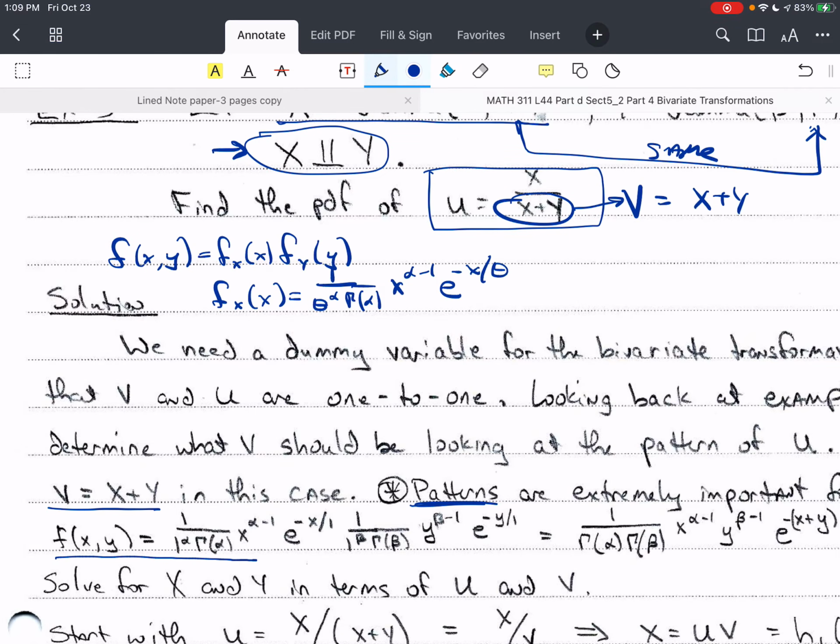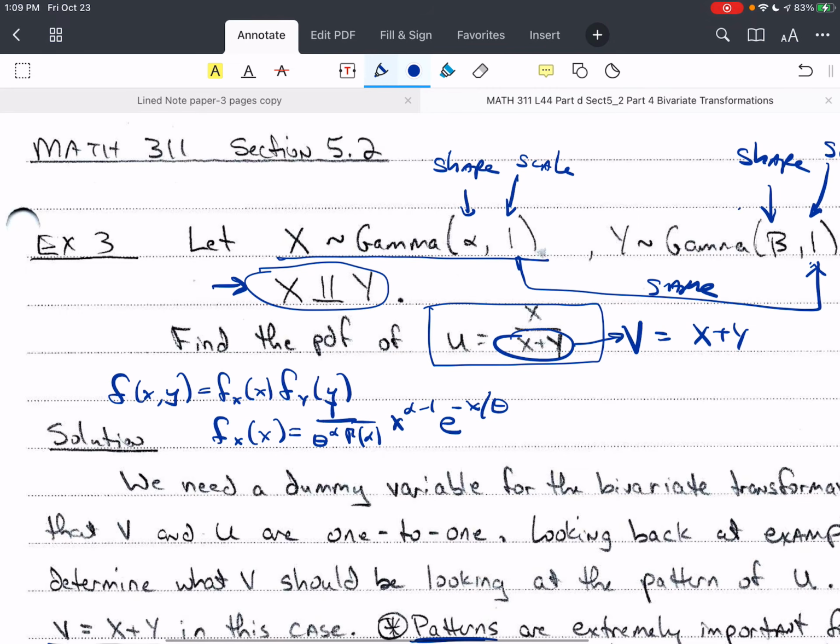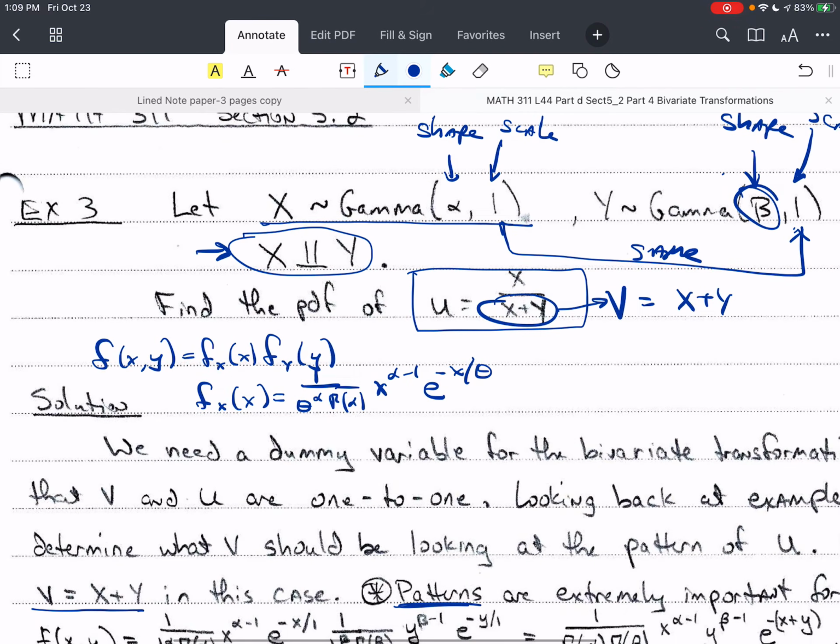I didn't want to use beta because we're using beta here. So I changed this to theta. So this is the form, and in this case, theta equals 1. So this simplifies to gamma alpha on the bottom, x to the alpha minus 1, e to the negative x, because negative x divided by 1 is just negative x.